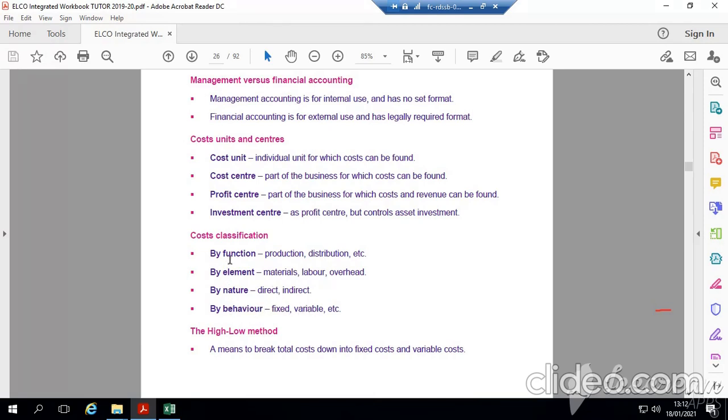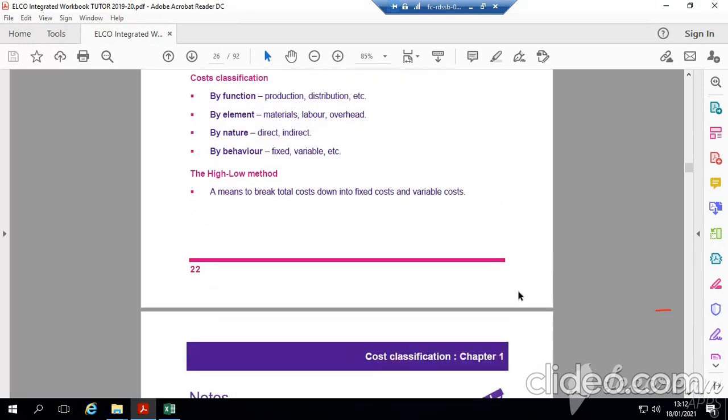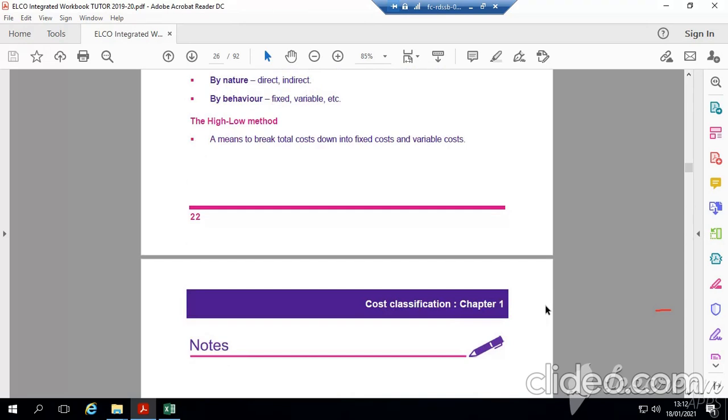Behavior, function, element, nature. I hope you understand something about chapter 1, cost classification, and I will also upload some questions and examples in relation to chapter 1.